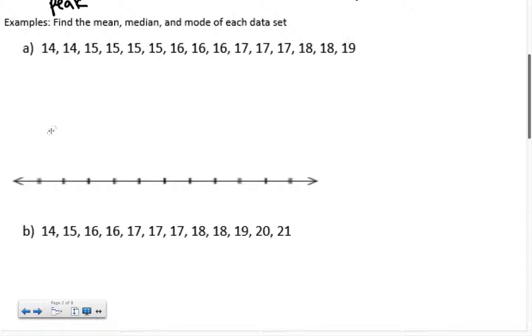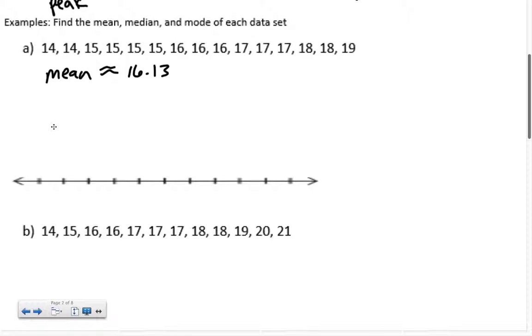When you do that, you should find that the mean is approximately 16.13. I say approximately because I did round there. Please make sure you're calculating these as you go. If I'm going too fast, pause it and let everybody kind of calculate them as they go.